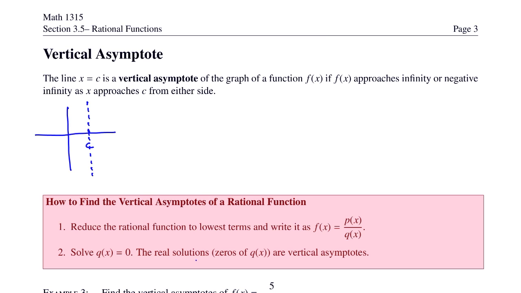So one scenario is that the f of x values could approach positive infinity as x approaches c from the left side. So as x goes to c from the left, the y values approach positive infinity. They just keep rising without bound. Also from the left side, the function values could go down to negative infinity.